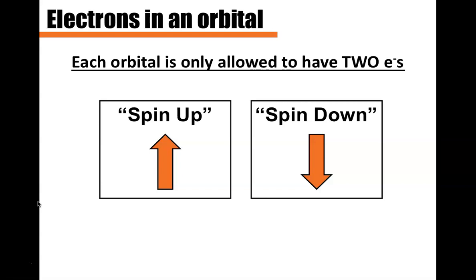So 2 ways to look at it: how many electrons per individual orbital, as you see on the screen, versus how many electrons total in a set of orbitals. A set of S, a set of P, a set of D, or a set of F. All have different numbers. But of all the orbitals, individually, they can only have 2. Questions?